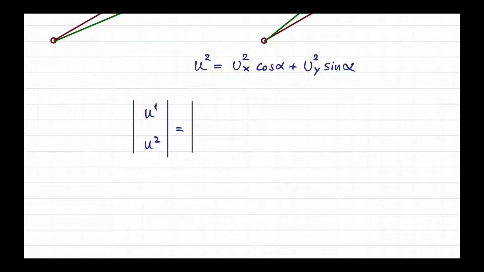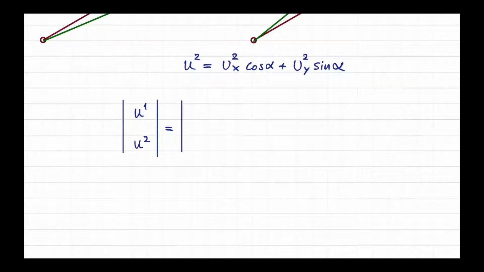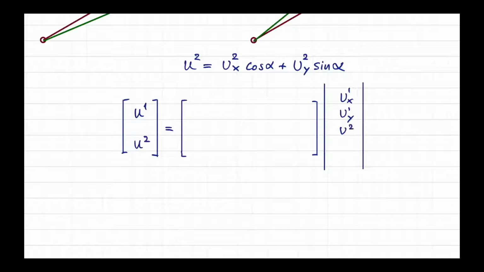This first one is 2 by 1, and the second one you're going to have all variables in the global coordinates. That includes U1x, U1y, U2x, and U2y.